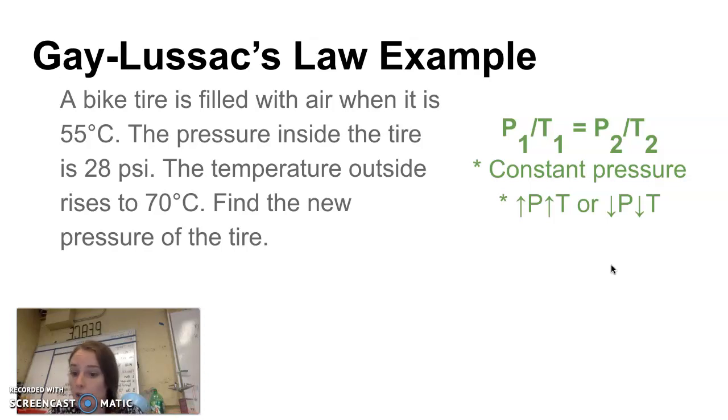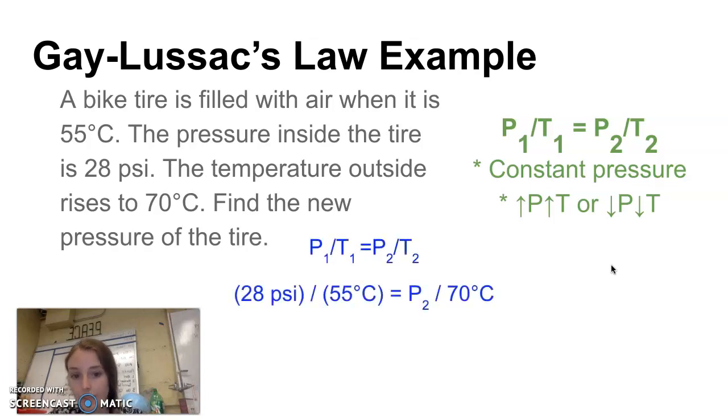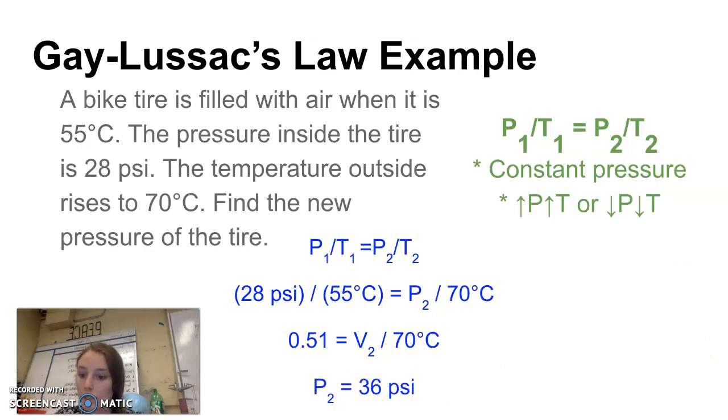The volume in your tire stays the same, but the temperature rises, so the pressure is also going to increase. So plug in my numbers to get the final pressure, and I notice that the pressure increases to 36 psi, which makes sense because of course our temperature rose, so our pressure should also increase.